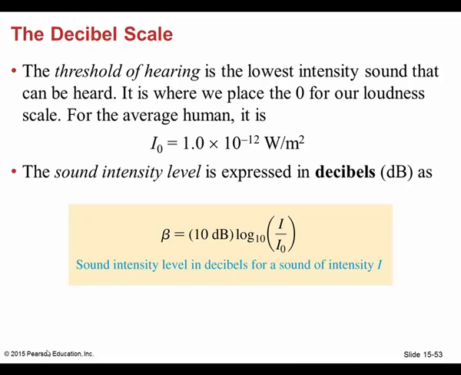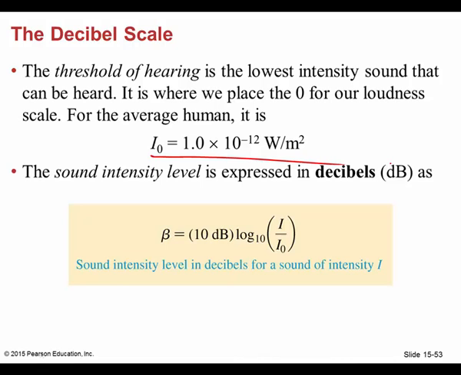The threshold of hearing, the lowest intensity that a normal human can hear, is 1 times 10 to the negative 12th watts per meter squared. That's the threshold intensity, the lowest intensity that humans can hear.